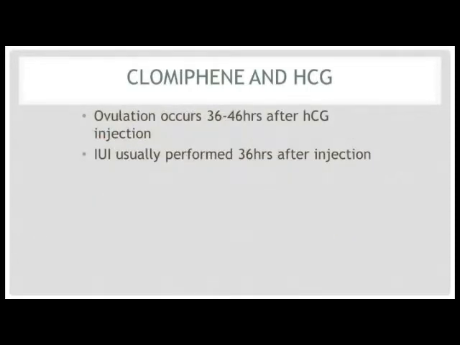LH peak doesn't reach its detection. We don't really need to talk to that. But it's useful for timing IUI because we do the IUI 36 hours after we do the trigger shot.